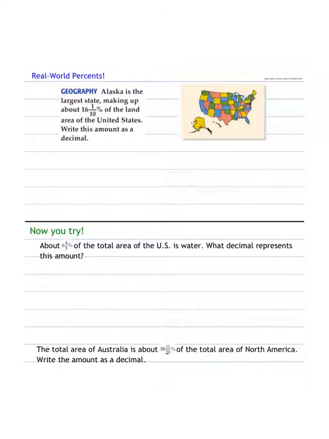Alaska is the largest state, making up about 16 1/10% of the land area of the United States. Write this amount as a decimal. So the first thing that I need to do is take 16 1/10%. I'm going to keep it as a percent, but I'm going to rewrite this fraction as a decimal within my percent.